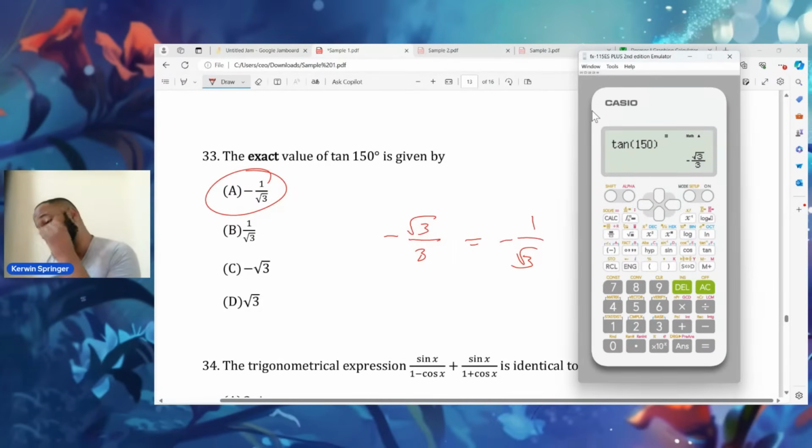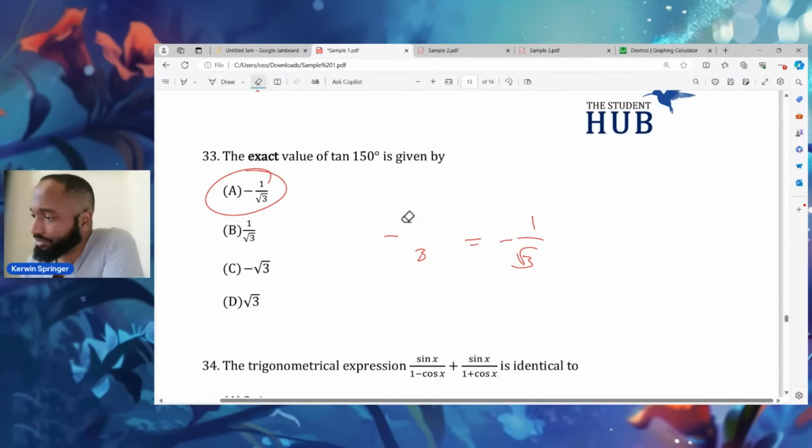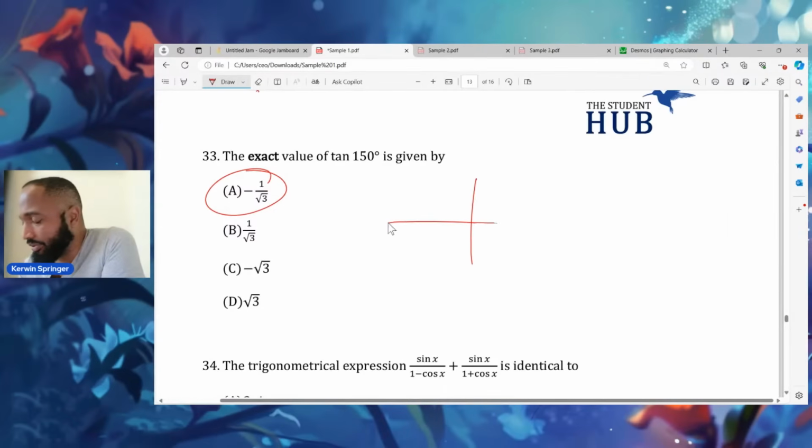So how are you supposed to do this question the other way? We have a few ways. 150, what is 150? 150 is 30 less than 180, so this is really 30.